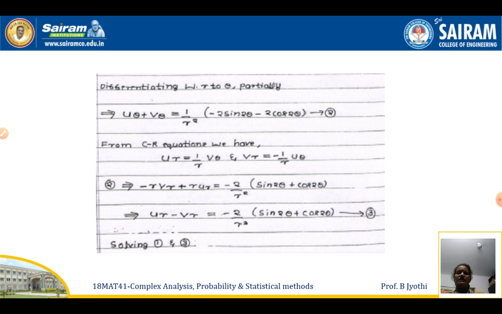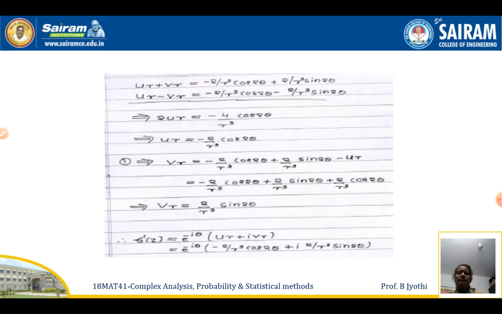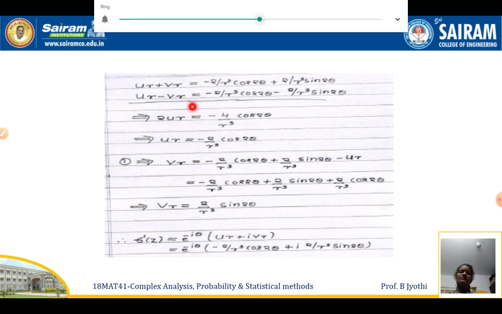Solving equations 1 and 3, we get u_r + v_r equal to −(2/r³) cos 2θ + (2/r³) sin 2θ, and u_r − v_r equal to −(2/r³) cos 2θ − (2/r³) sin 2θ.